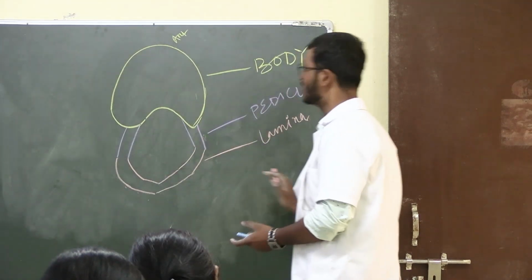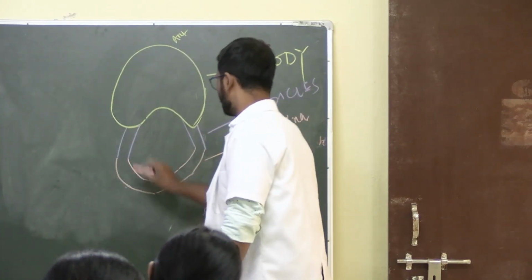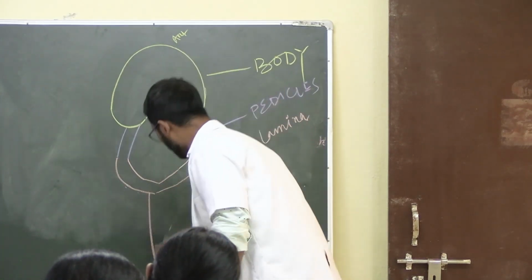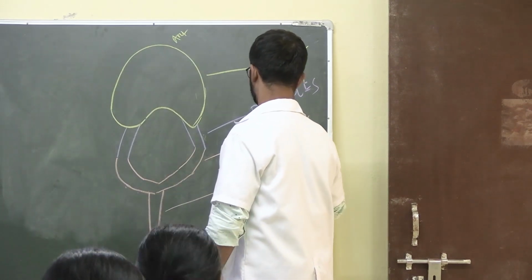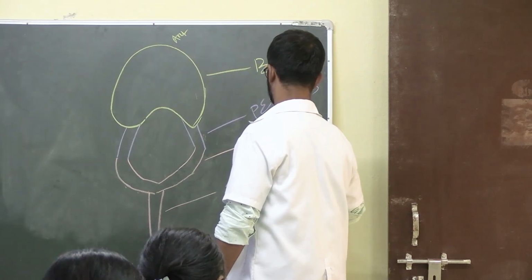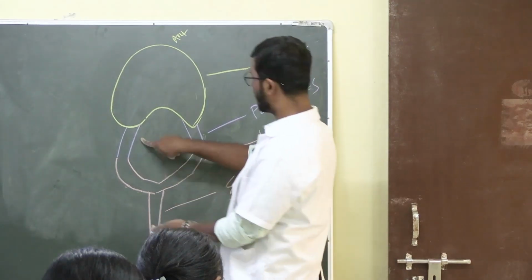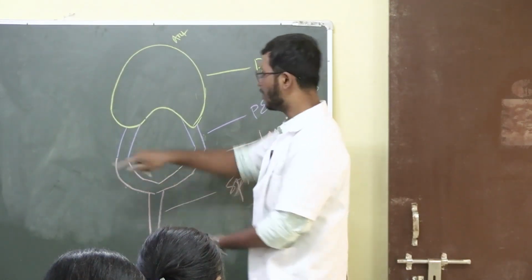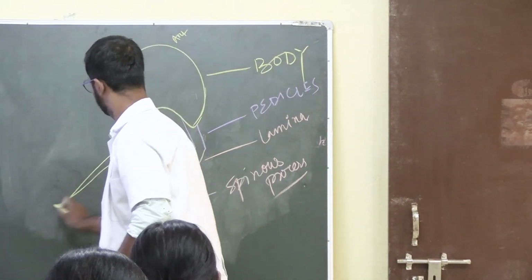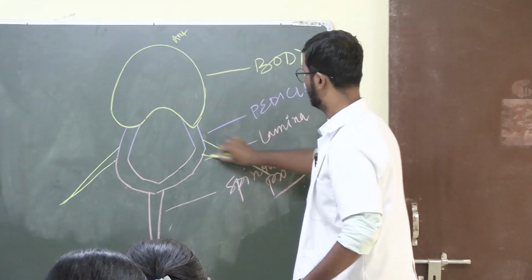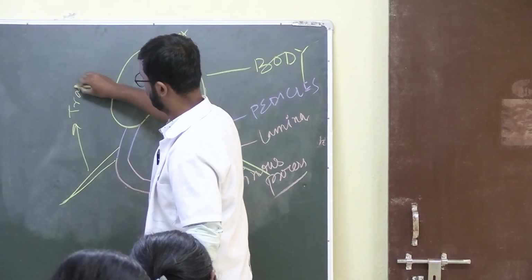Try to understand the structure, don't look at my drawing. So basically these two laminae together form one process. This is your spinous process. And from the junction of the pedicle and lamina, we have another process on either side. These are your transverse processes.